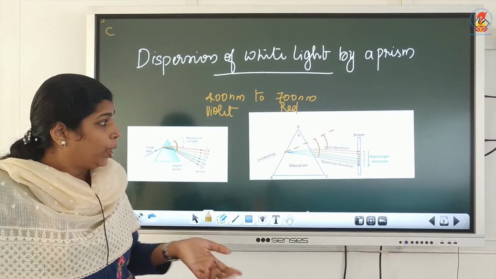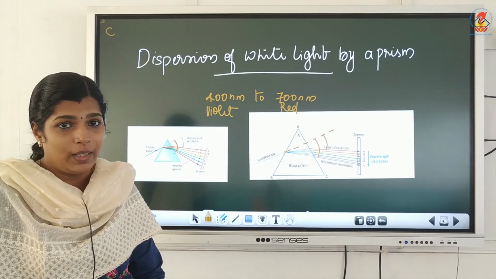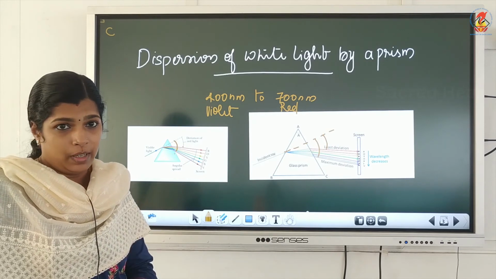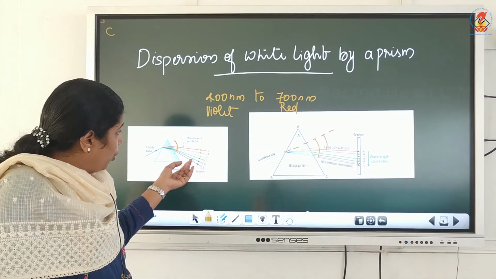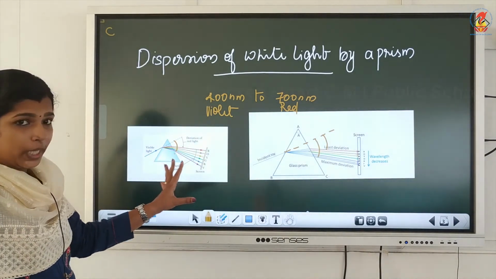Now, Sir Isaac Newton in 1665 conducted an experiment to derive more colors from the spectrum of white light.